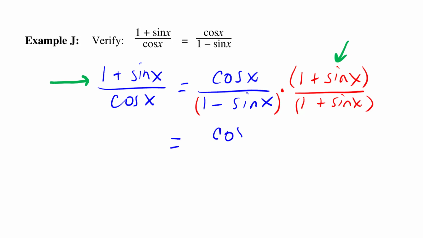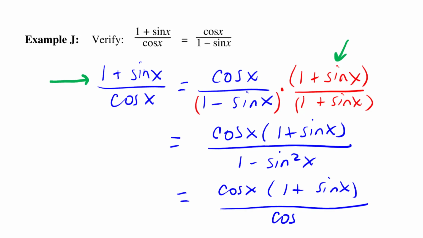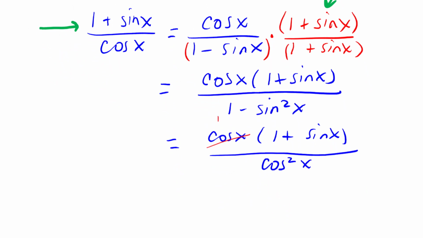What we get is cosine x times the quantity 1 plus sine x, all over the denominator, which is the difference of squares now, 1 minus sine squared x. And that's Pythagorean. So the numerator is cosine x times 1 plus sine x, all over cosine squared x. Now we can divide out cosine x from the numerator and denominator.